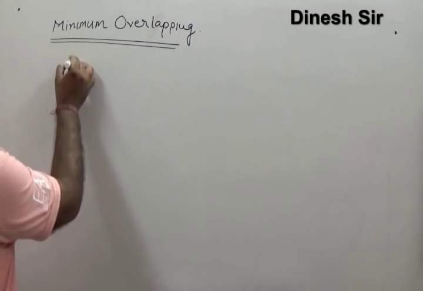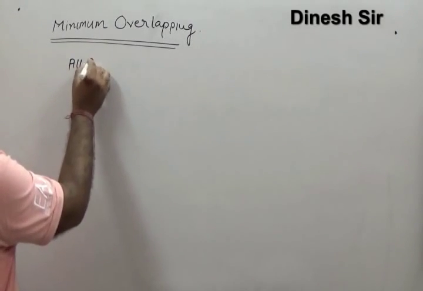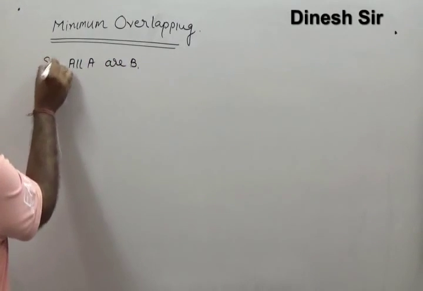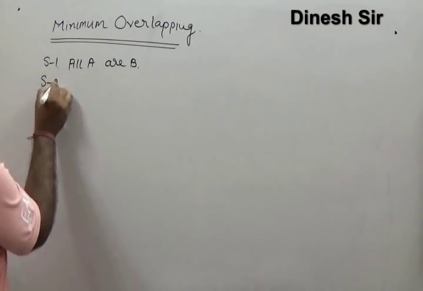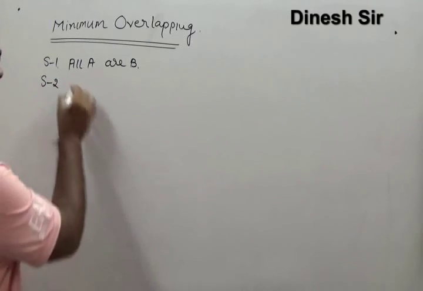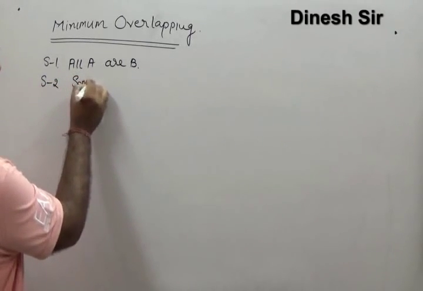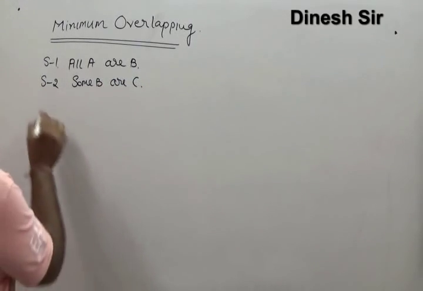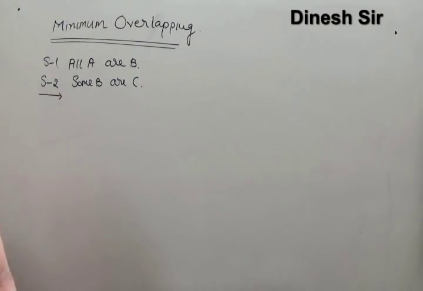It is given that all A are B, that is statement number 1. Then statement number 2, some B are C. We have to draw the Venn diagram for this.